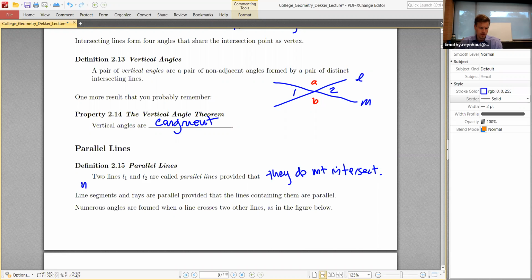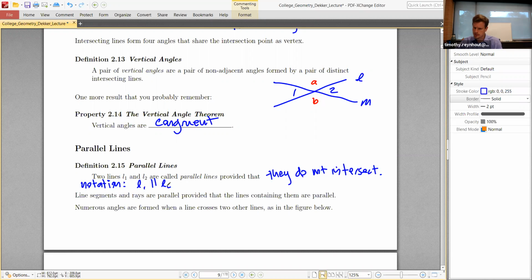And we can also give a notation for parallel lines. If two lines L1 and L2 are parallel to one another, they'll be separated by two parallel vertical lines. Okay, so L1 is parallel to L2.